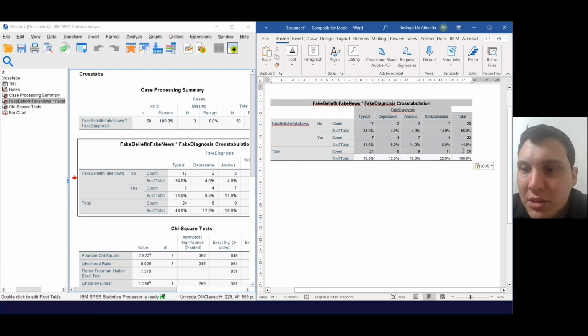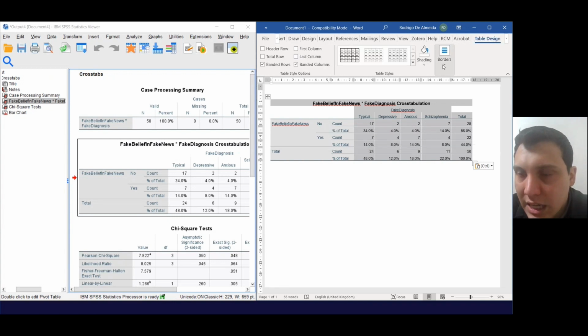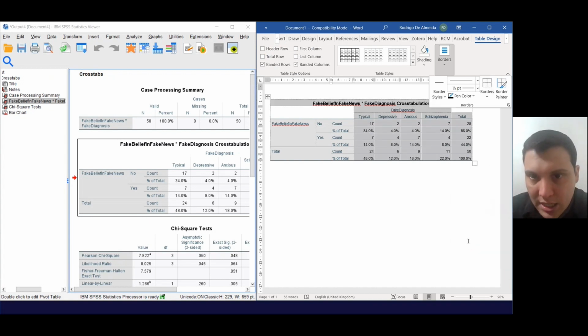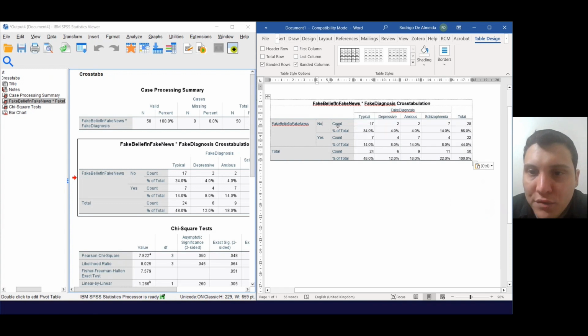Well, let's take a look at the grid lines. If we select the table and go to Table Design, in Borders, we can view the grid lines. That shows us all of the cells in a table, regardless of whether borders are actually showing a line or not. We can see that SPSS gives us a table with some funky things going on.